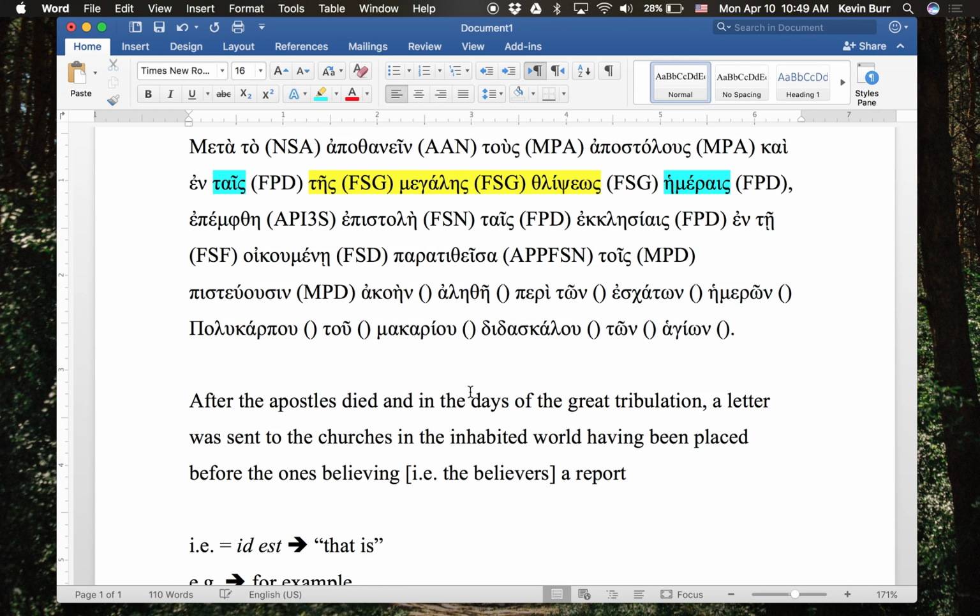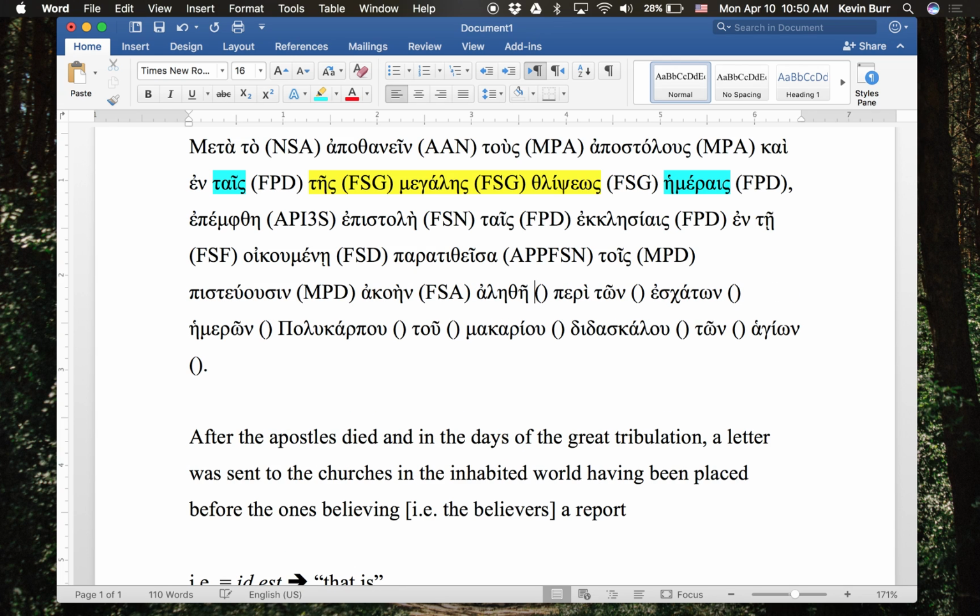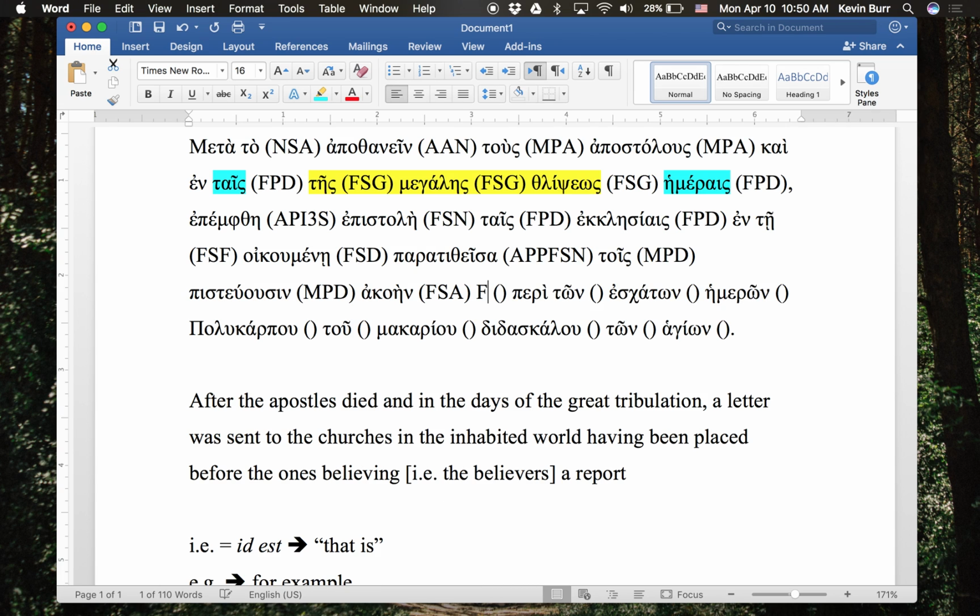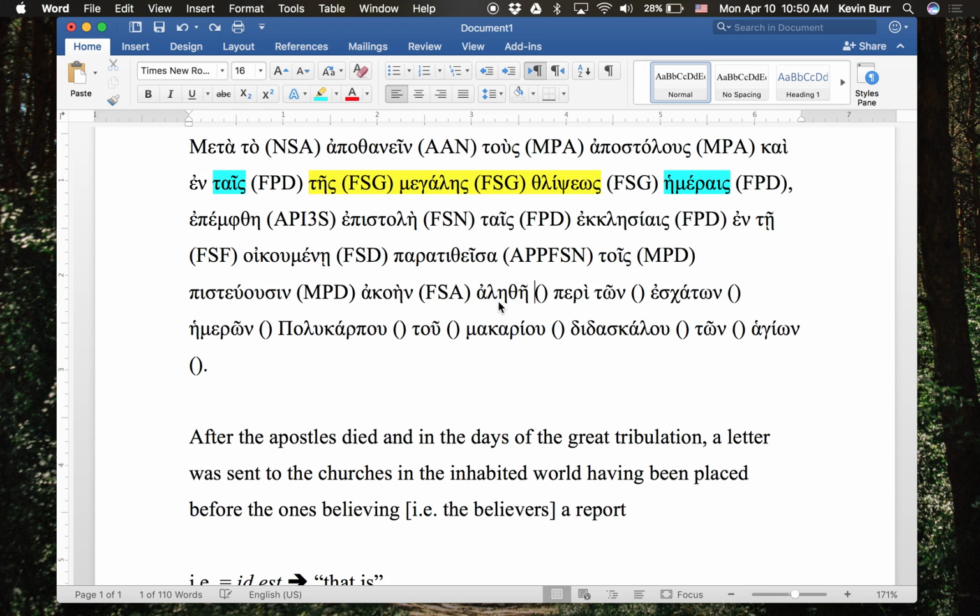a report, akoen, is feminine singular accusative. Even if you did not know the form alethe, you know that alethe, which means true, is modifying akoen, and so you know that adjectives have to agree with the nouns they modify in gender, number, and case.